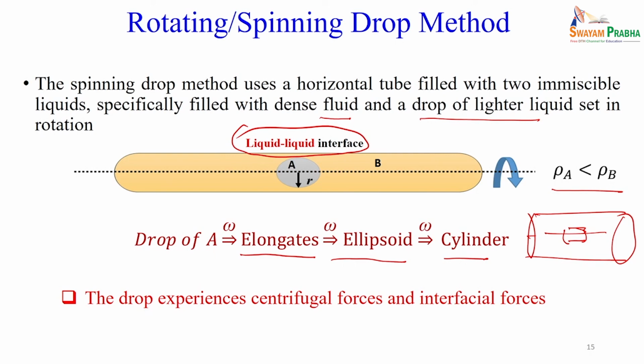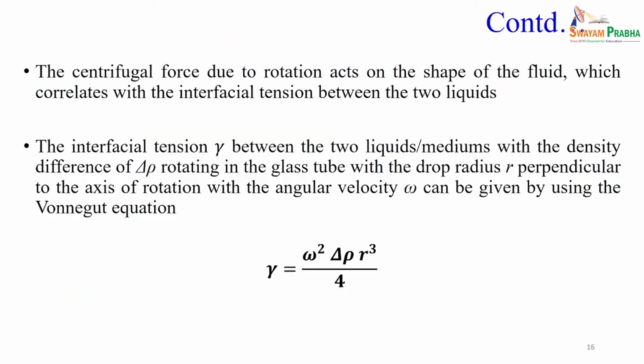This shape change is happening because the liquid drop is experiencing both centrifugal force as well as interfacial forces. Because of this there is a deformation of the shape, and you can capture the image of the static shape.